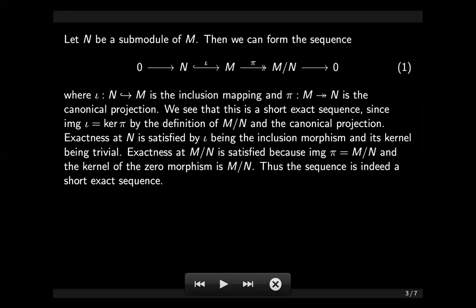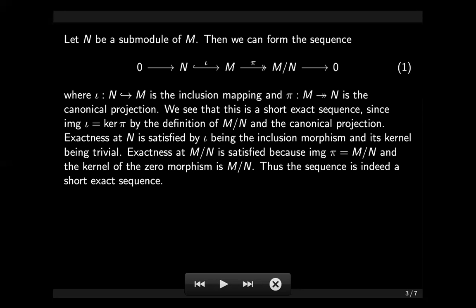And for similar reasoning, we see that we're exact at M mod N. The projection of M mod N onto 0, the kernel of that map, of course, is the whole module M mod N, and the canonical projection is surjective by construction. So we are exact there. So this is a short exact sequence.